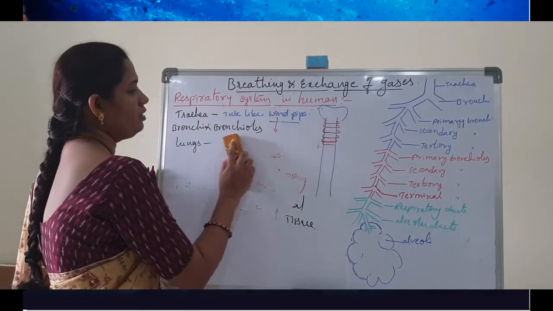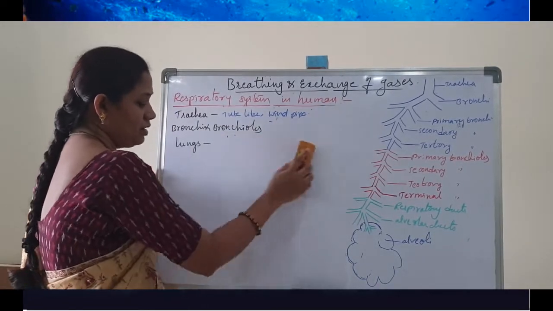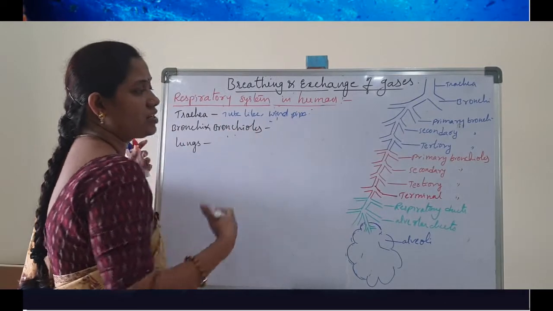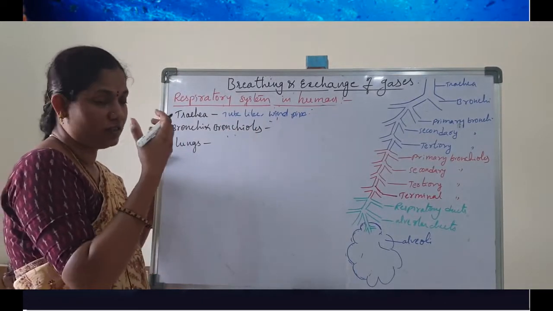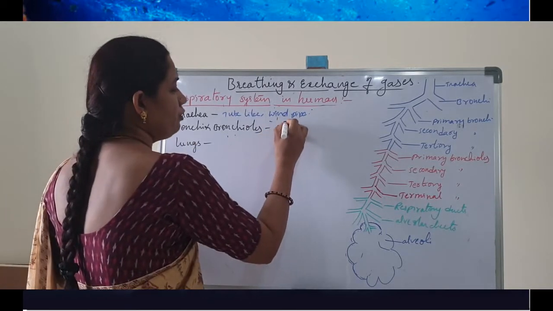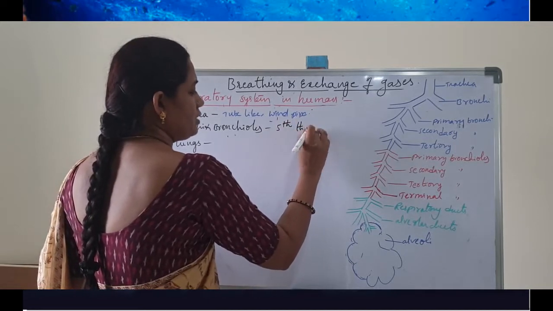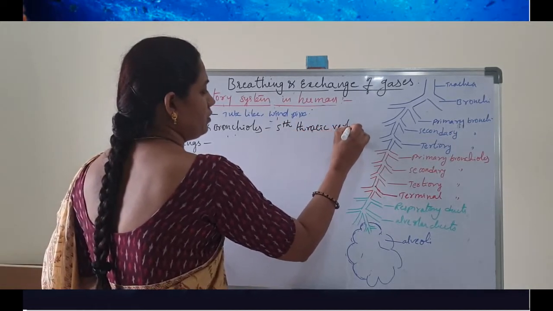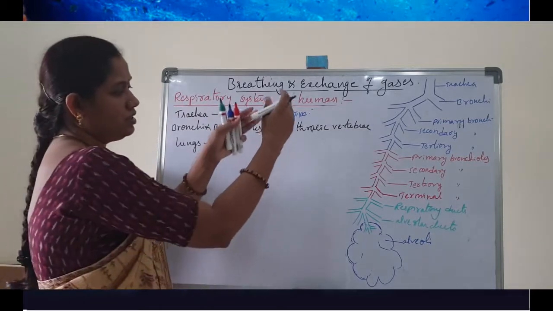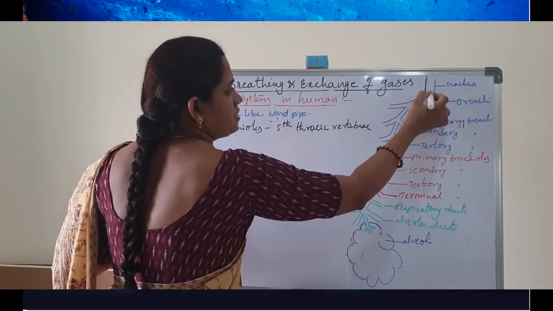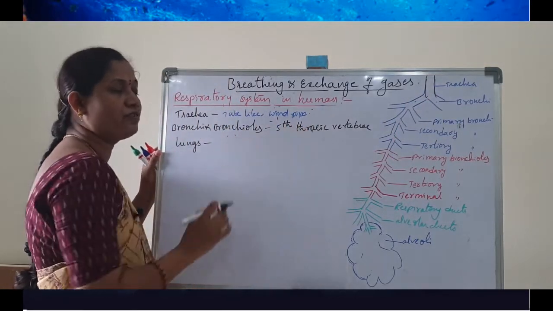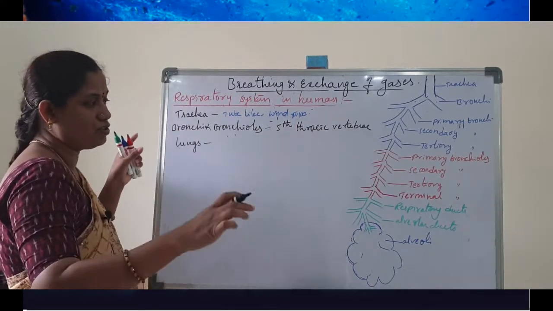Next, about the bronchi and bronchioles. Whenever the trachea extends up to the thoracic chamber, at the level of the fifth thoracic vertebra, it divides into two branches, like this.